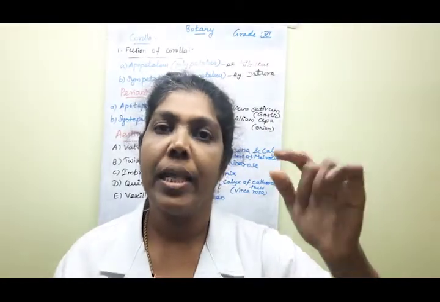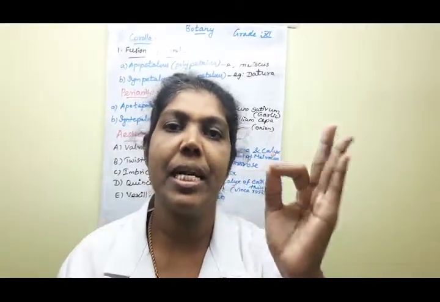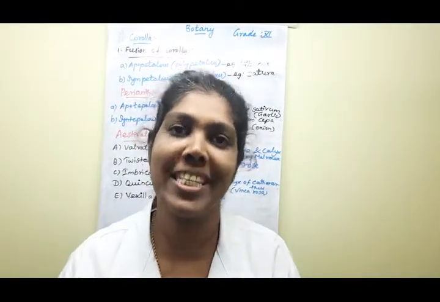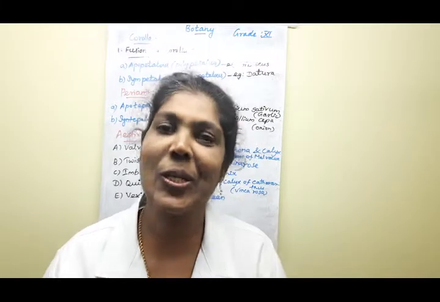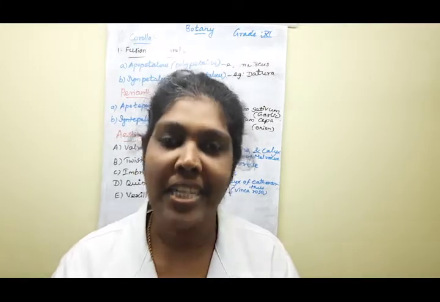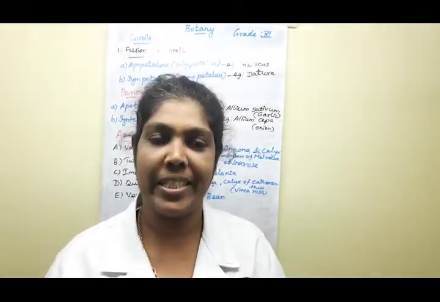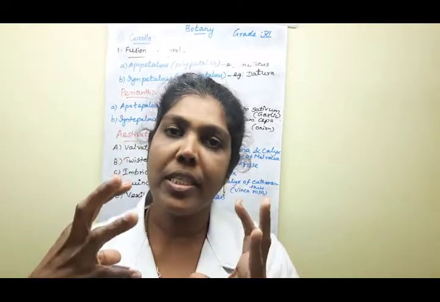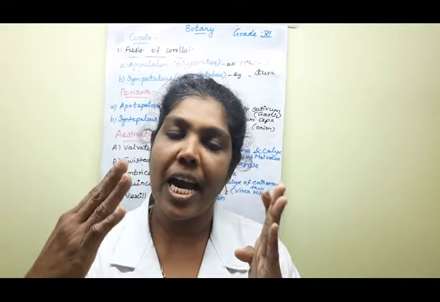Today we are moving to the next whorl, children, the corolla. Before that, I am asking some questions, so all should open your mouth and answer. What are the three types of calyx?